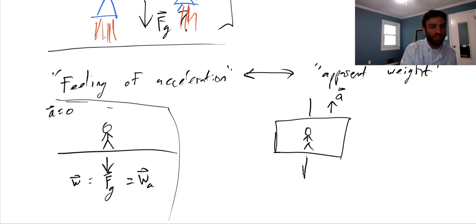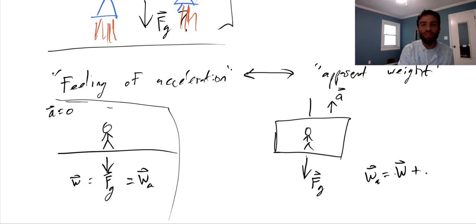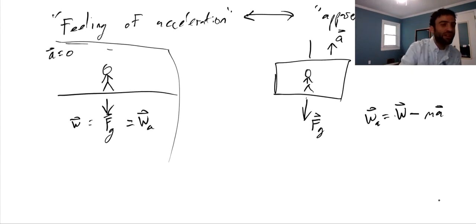There's actually a force of gravity, there's actually an acceleration going up, and our apparent weight is equal to our actual weight plus our mass times the negative of this acceleration. And so I should write that as weight minus mass times acceleration, right? So we're accelerating up, but we feel heavier, right?